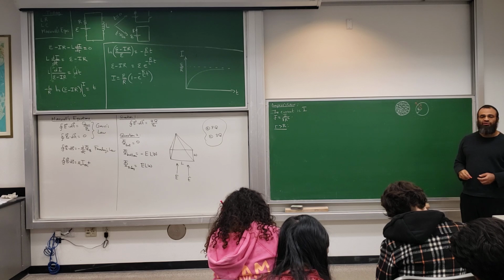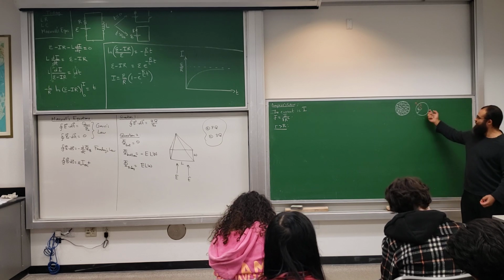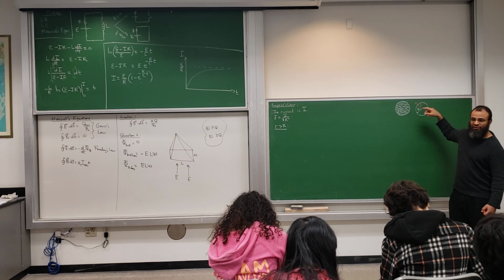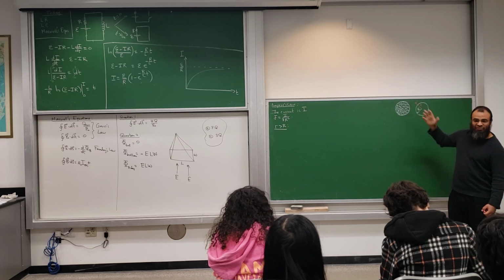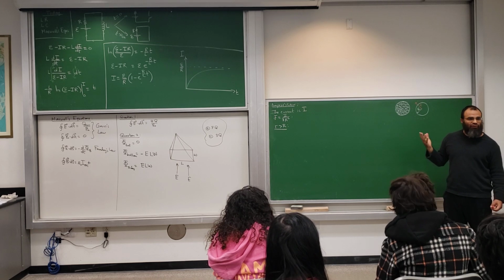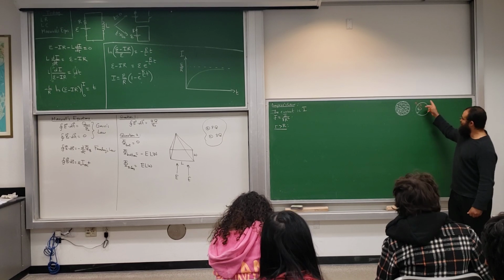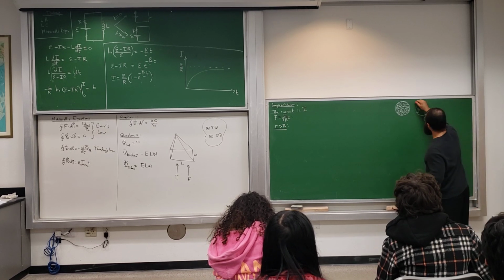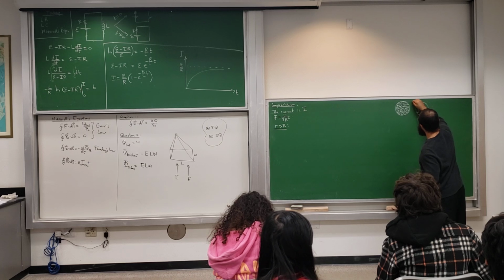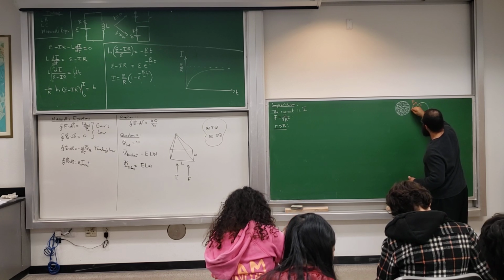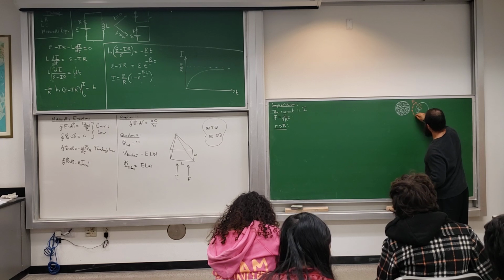The reason I'm going counterclockwise is because if the current comes out and your loop is counterclockwise, the current that comes out is positive. So I would like to count it as positive. Here is ds. Here is another ds. They're all tangential.